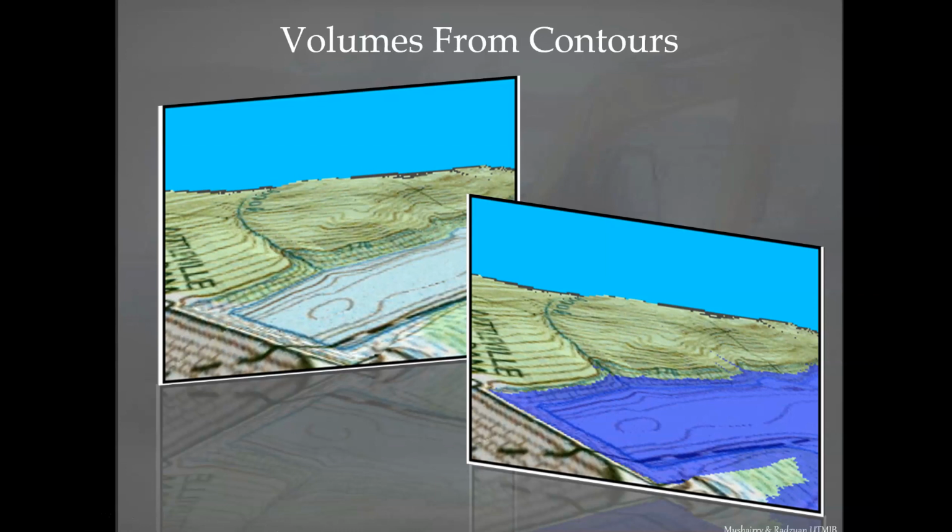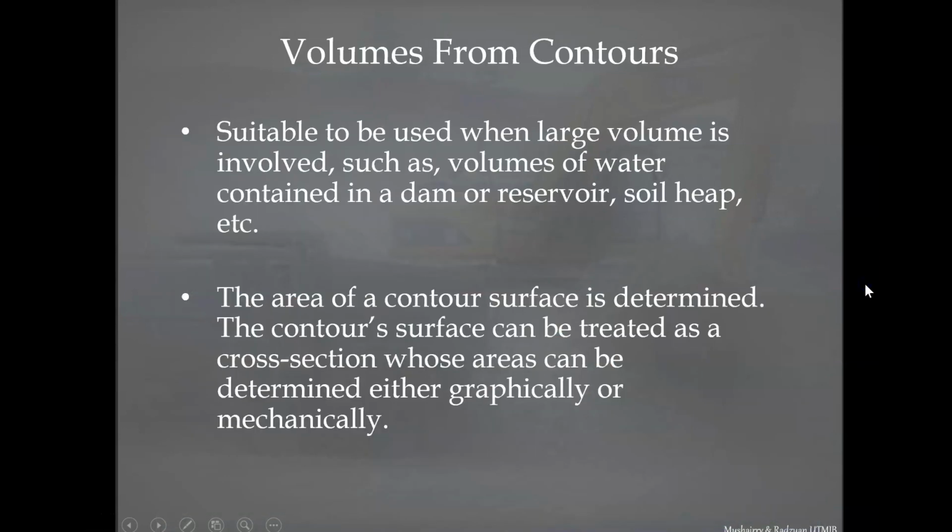Next is volume from a contour. The contours that we've created in our detailed survey, in our map, in our plan, can be used because they contain height values, information on height. So we can use that information to come out with volume. When is it suitable to be used?